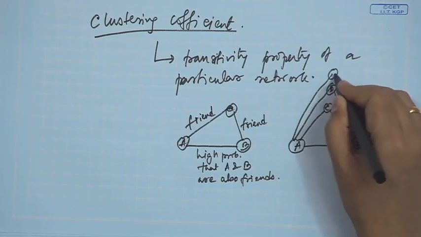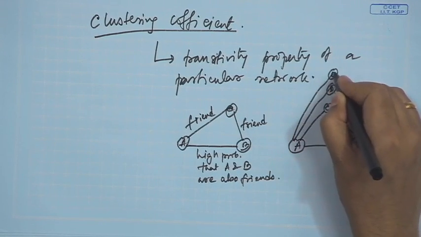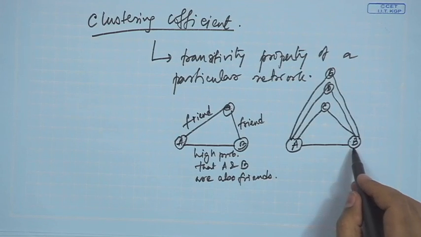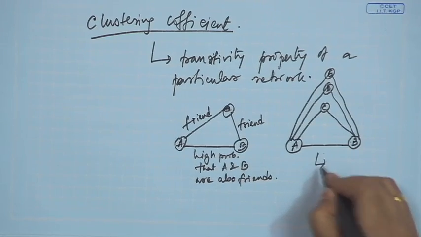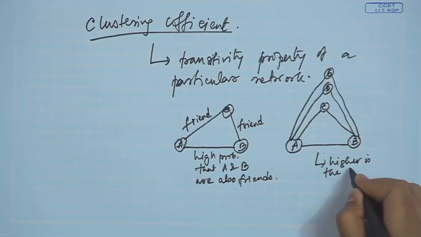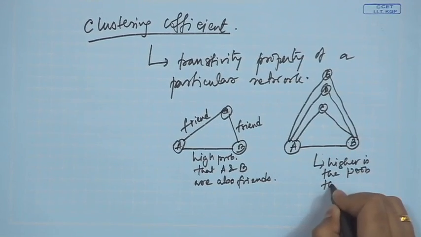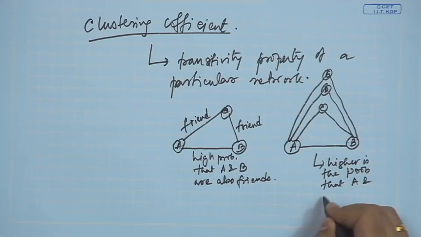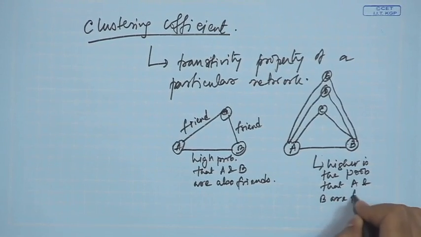The larger the number of common friends between A and B, the higher is the probability that A and B are friends.